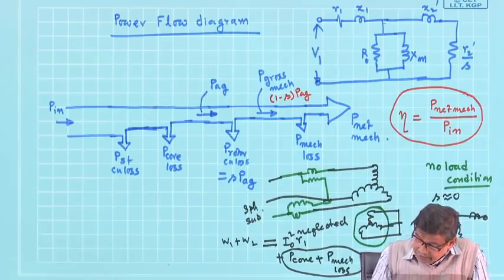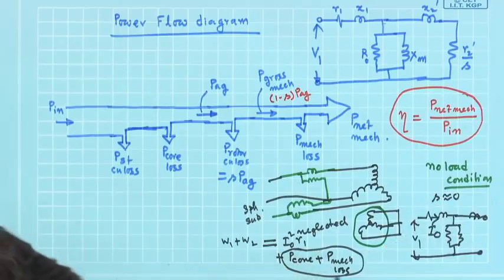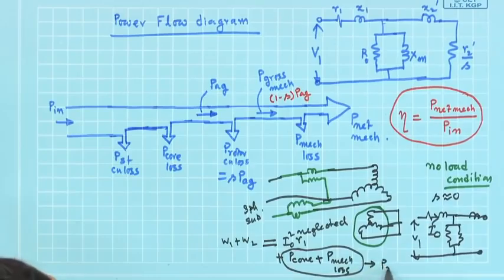Therefore, these two losses together are called P rotational loss. Right now it cannot be separated. I cannot say how much of it is core loss and how much of it is frictional.